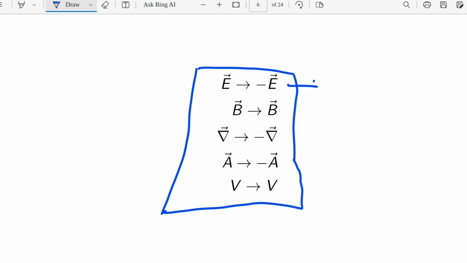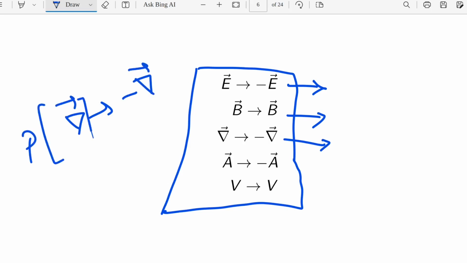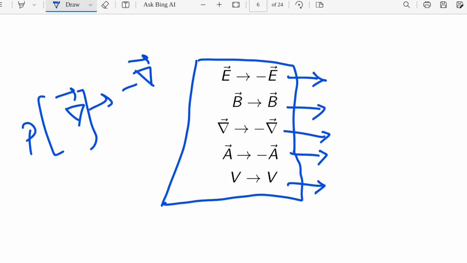So here electric field is odd, magnetic field is even, del, I told you, goes to minus del in the presence of parity. Then A goes to minus A, and potential V stays V only. This is because it is a scalar and its sign does not change under parity. So these are the cases I have mentioned here.